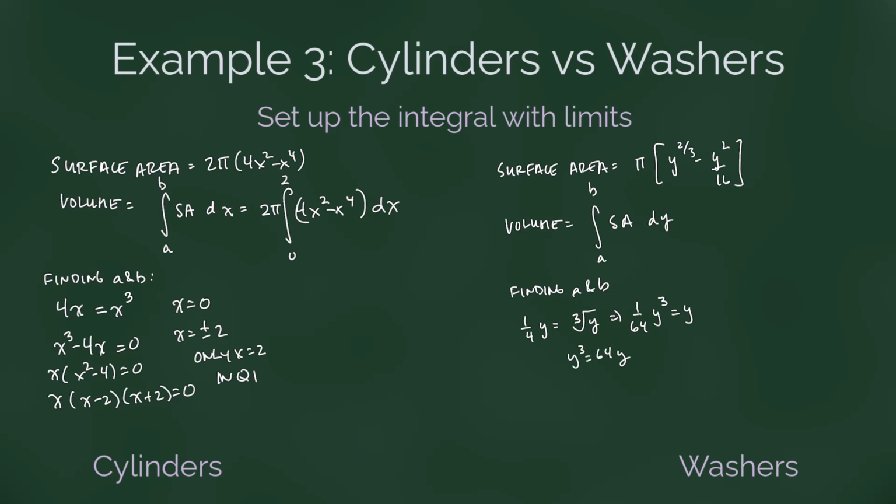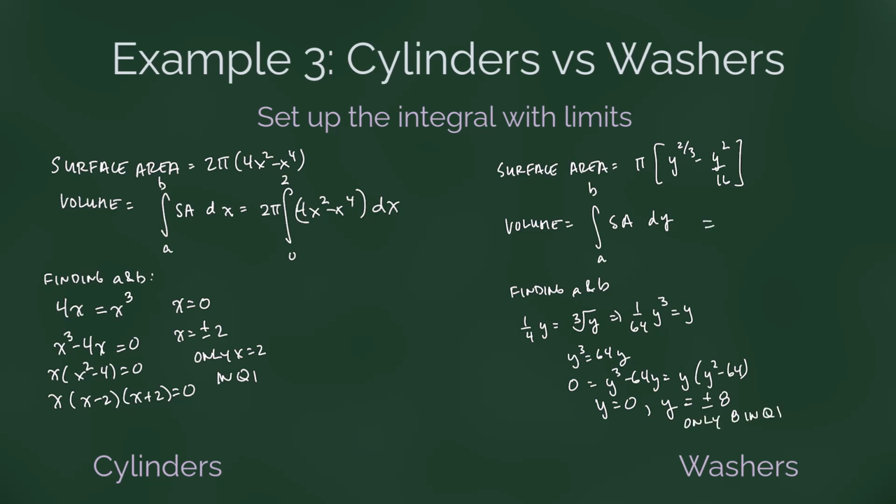Multiplying both sides by 64, we get y cubed equals 64y. Setting that equal to 0, y cubed minus 64y equals 0. Factoring out a y, we get y times y squared minus 64. That factors as y equals 0 or y equals plus or minus 8 are the solutions to that.